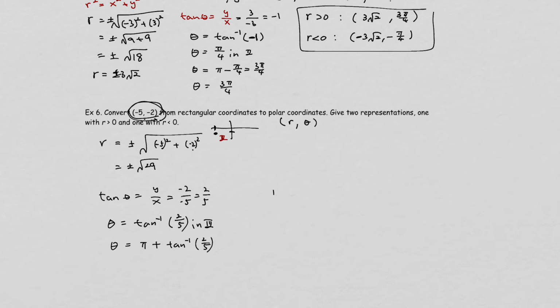So then when the distance is positive, you're going to get square root of 29 with that positive angle. And if the distance is negative, that's going to be just tangent inverse of 2 over 5.